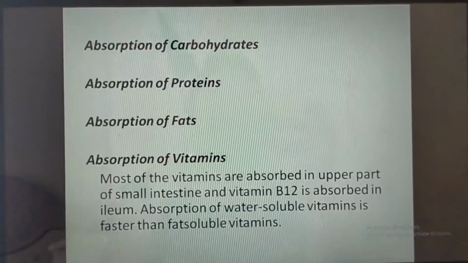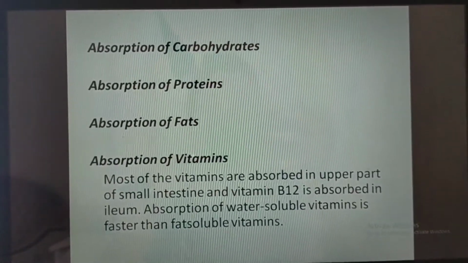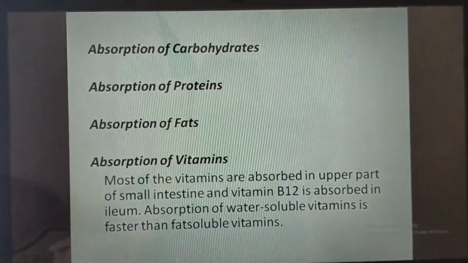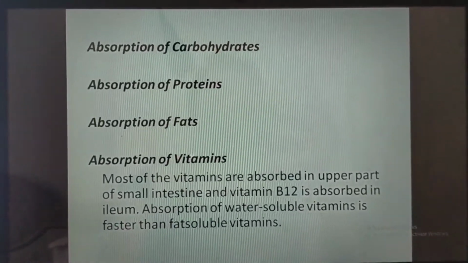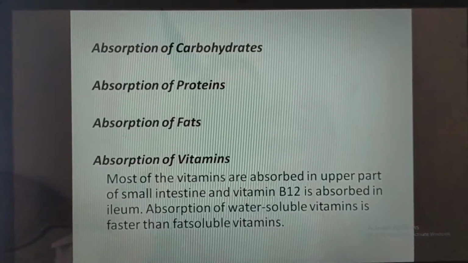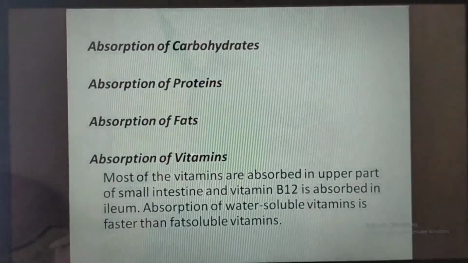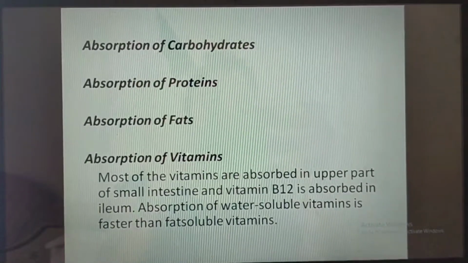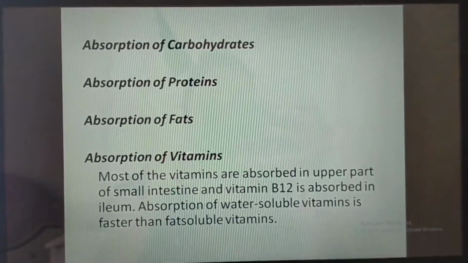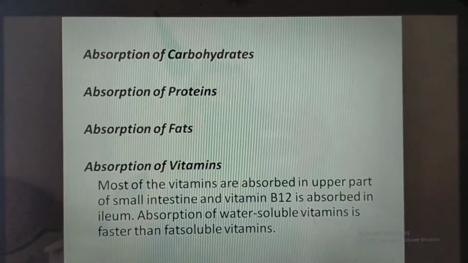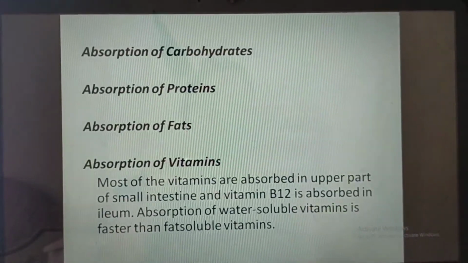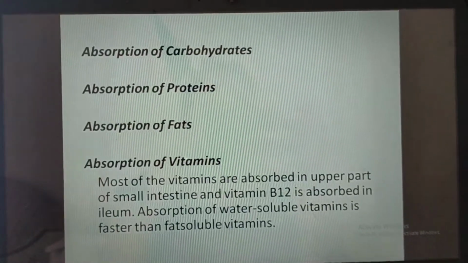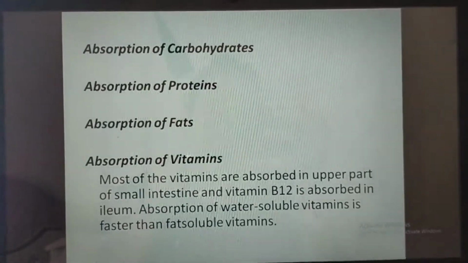Absorption of carbohydrate, proteins, fats and vitamins. Most of the vitamins are absorbed in upper part of small intestine and vitamin B12 is absorbed in ileum. Absorption of water soluble vitamins is faster than the fat soluble vitamins. Absorption of carbohydrate, proteins and fat would be discussed in our next chapters.